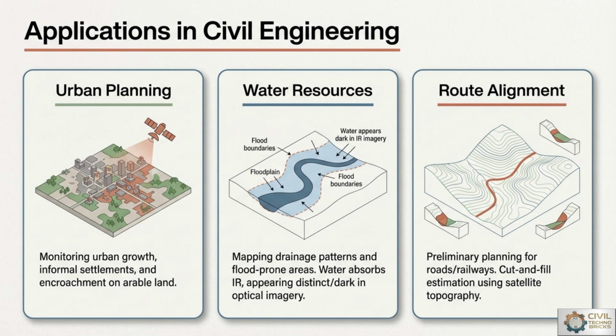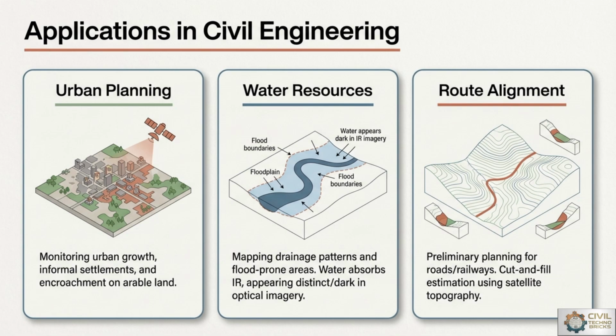Water resource engineering applies them for floodplain delineation, watershed analysis and drainage studies, for mapping drainage patterns and flood prone areas also. Likewise, geotechnical investigations can be carried out with synthetic aperture radar and LiDAR for landslide and ground deformation monitoring. For urban planning, we can use high resolution spatial data for infrastructural development and smart city projects.